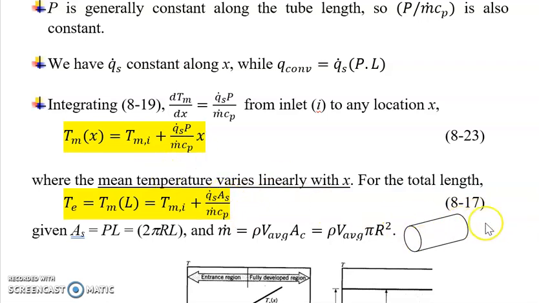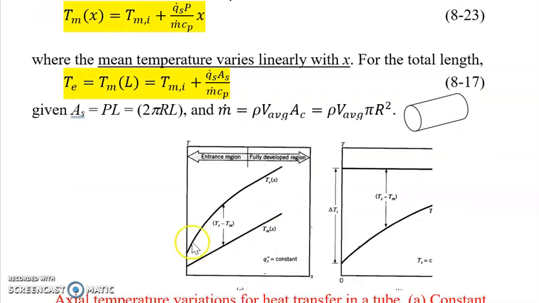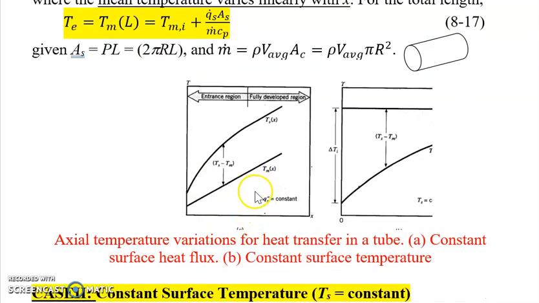How long is the channel length that you are performing your heat transfer analysis. Note that surface area and cross-sectional area are different from each other. Okay. So this is the temperature profile for constant surface heat flux. Notice that Ts minus Tm is constant in the fully developed region.